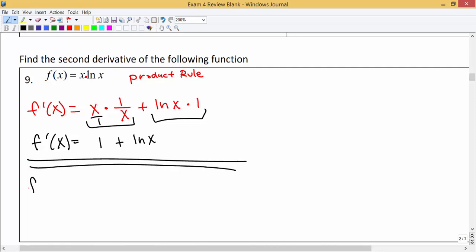Now we want to find the second derivative, so we'll take the derivative again. The derivative of the first term is just 0. The derivative of the second term, ln of x, that derivative would be 1 over x. So our second derivative simplified would just be 1 over x.